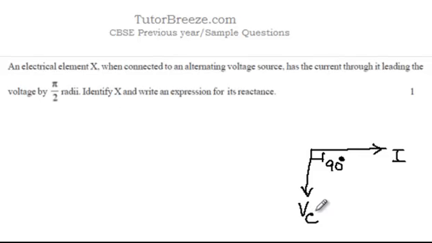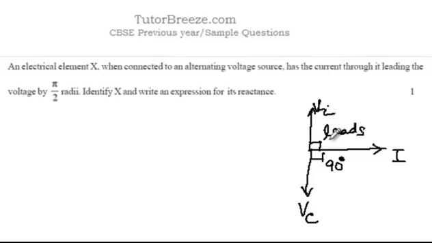So you need to memorize this, and you can use some memory mnemonic, whatever is convenient for you. And a memory mnemonic which I use is, since my name is Leena, so I say VL and I lead, so I don't lag. So the voltage across the inductor leads the current by 90 degrees.